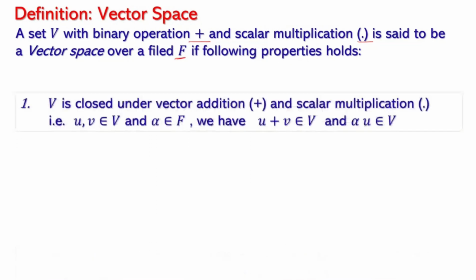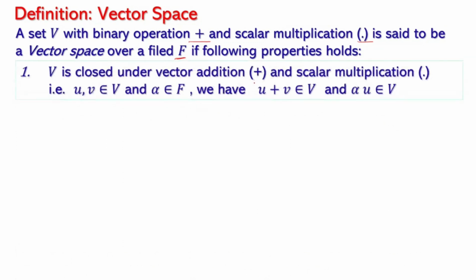First, V is closed under vector addition and scalar multiplication. What does it mean by closed? If you take two vectors u and v from the set V and one scalar alpha from the field F, then u plus v should also belong to V, meaning it has the same properties as u and v.